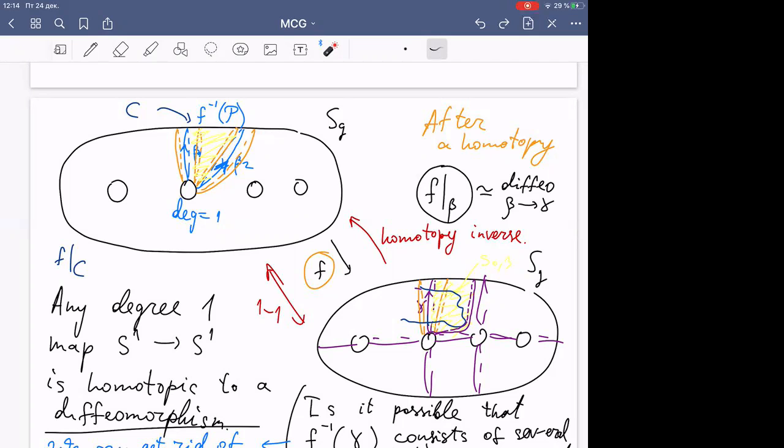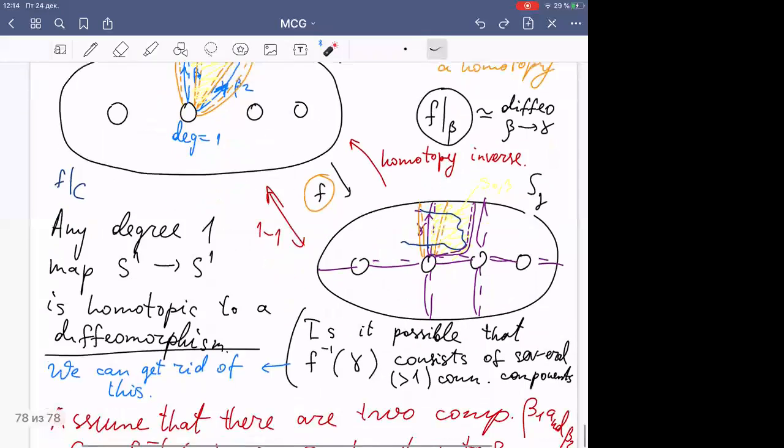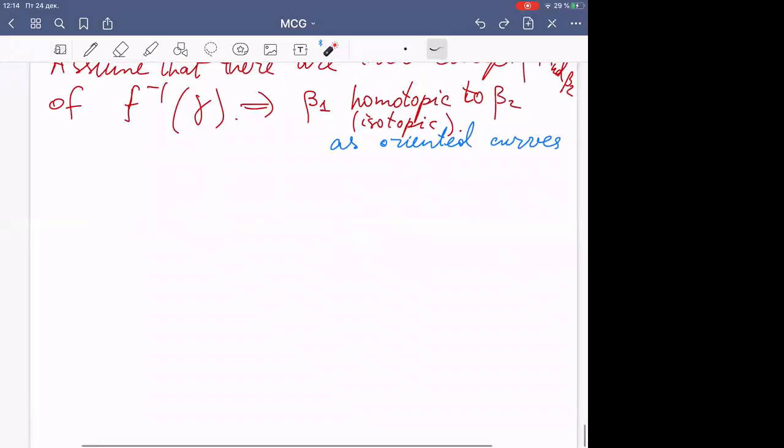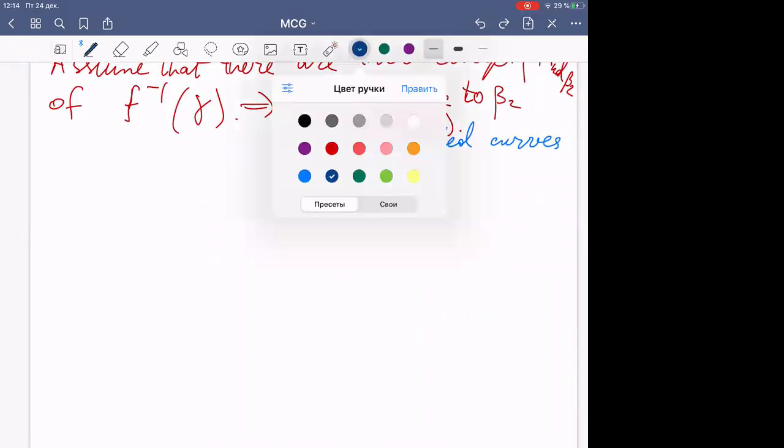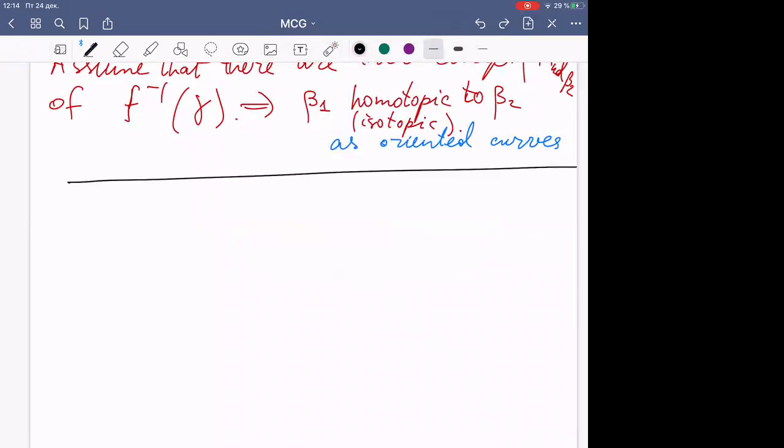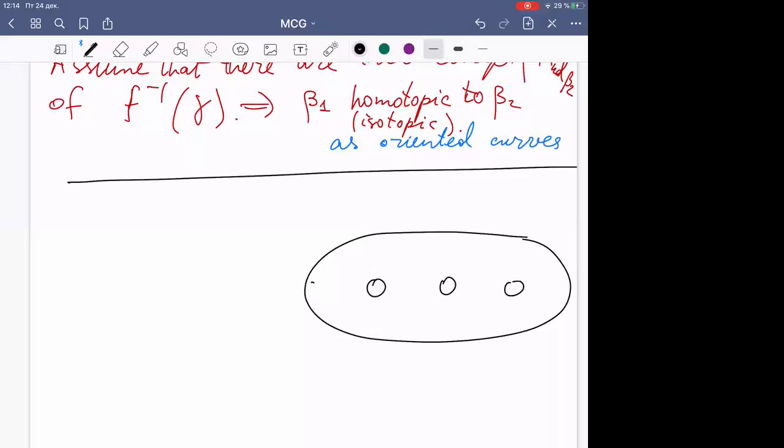So after all of that, after these homotopies, we achieve that the situation is as follows. We have here a Pants decomposition.